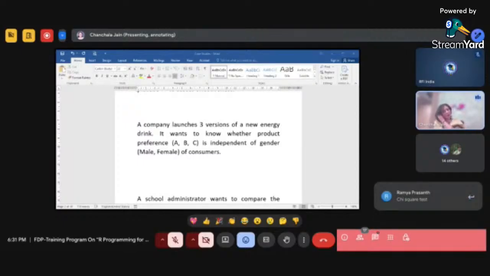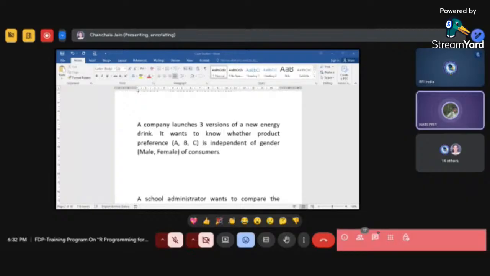Any other opinion, Ranjita ma'am? Okay, Ranjita ma'am is saying ANOVA. Hari sir, you are also saying ANOVA? Yes, ma'am, I think so because there are three groups and genders included. So I am guessing.